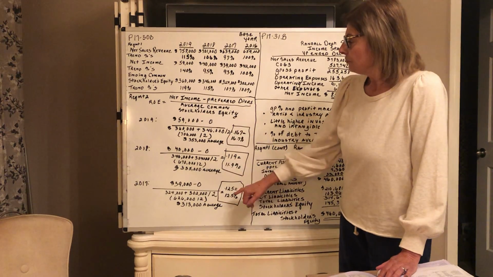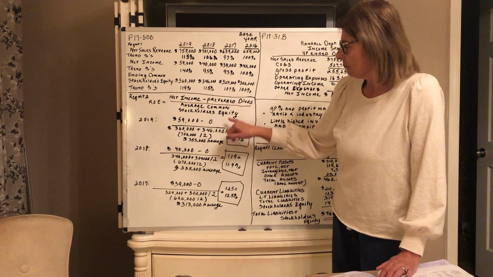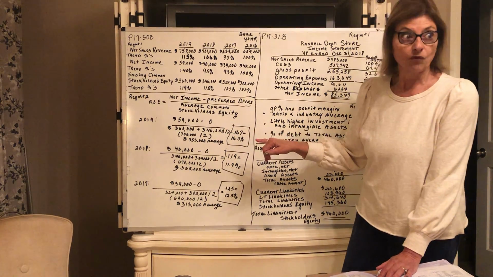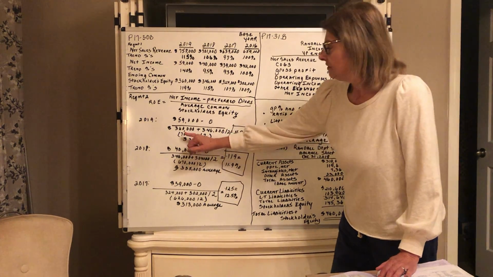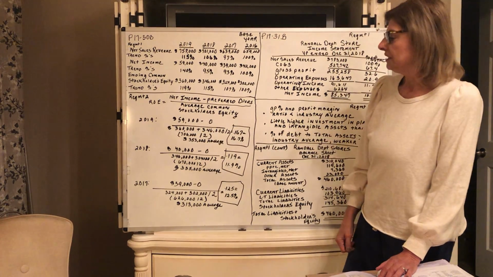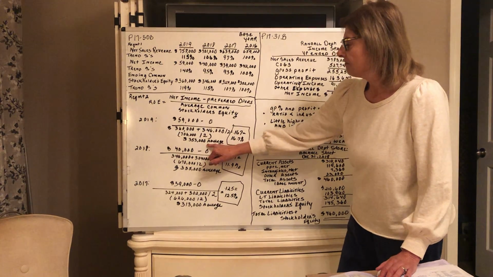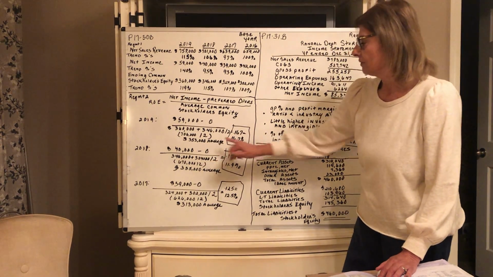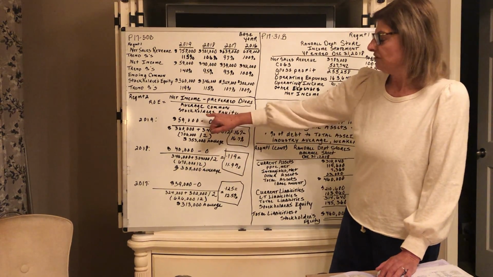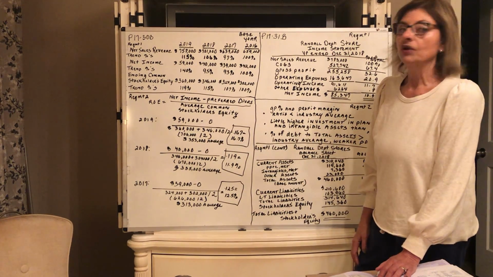So we have to do 3 years, 2019, 59,000. I put the minus 0 just to correspond with the formula. And then the common stockholders' equity, 360 plus 346 is 706,000 divided by 2. Here's our average, 353,000. Divide the 59,000 by the 353, you get 16.7%.